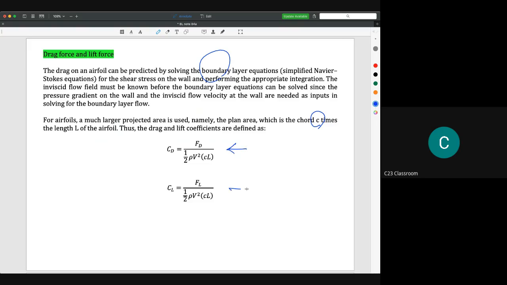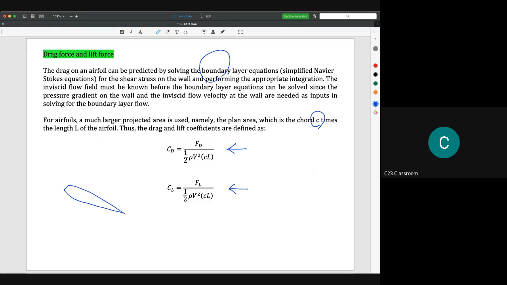I think this equation is familiar to you, because we already used this in your undergraduate study, and I also showed it in a previous calculation. However, why are we focusing on the airfoil? Because the airfoil is the common object for us to discuss, where it could produce drag and also lift force.